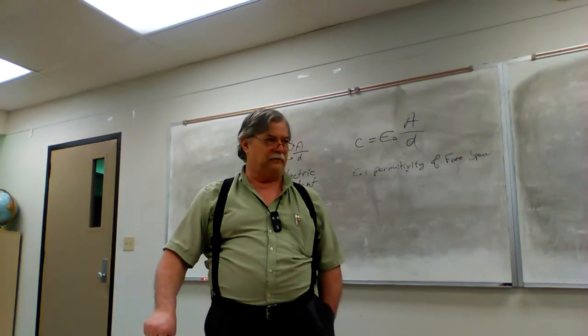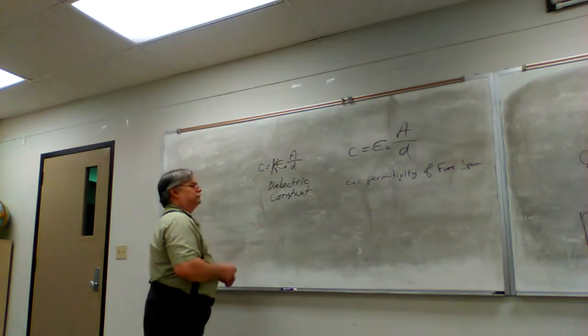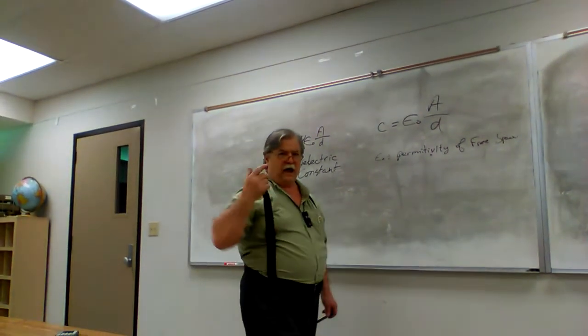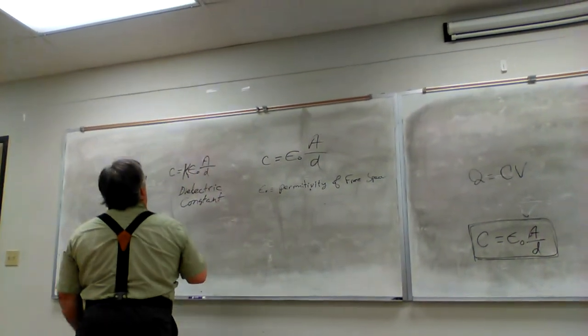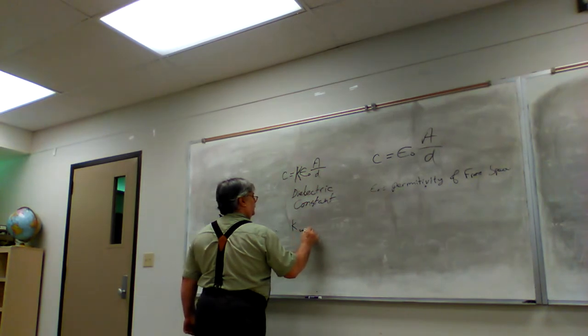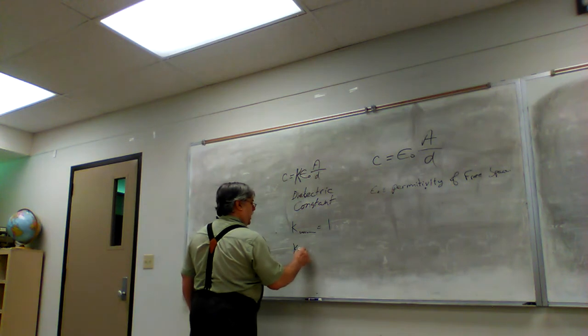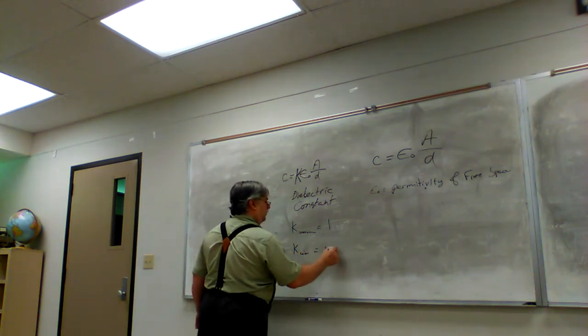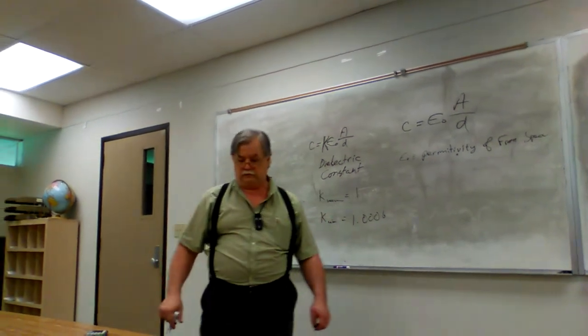So, where was I? Dielectrics. This K is a dielectric constant. The K, the dielectric constant of a vacuum, is 1. K for air is like 1.0006, or I don't know how many zeros.